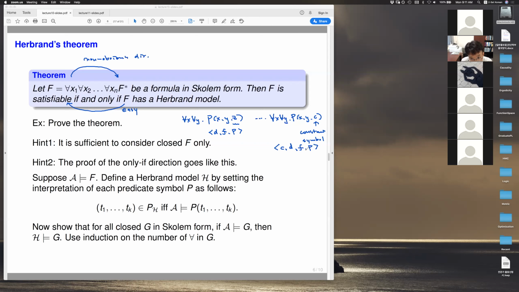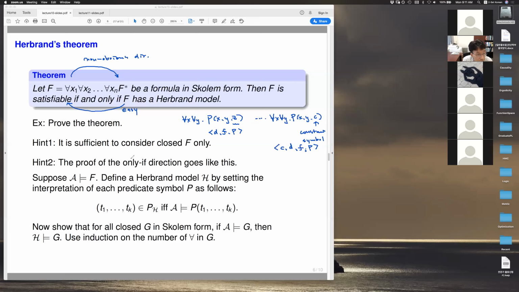So we are comparing satisfiability across two different signatures. But it turns out it's quite easy to show that the left-hand side is satisfiable precisely when the right-hand side is satisfiable. We obtain the right-hand side by replacing all the free variables by fresh constant symbols c1 up to cn. It's a bit like an instantiation of Skolemization, but if that confuses you, this is simply a fact that allows us to focus on closed formulas only. Okay, so that's hint one.